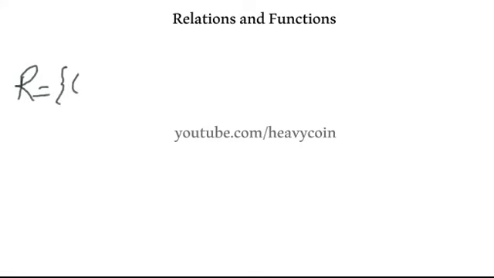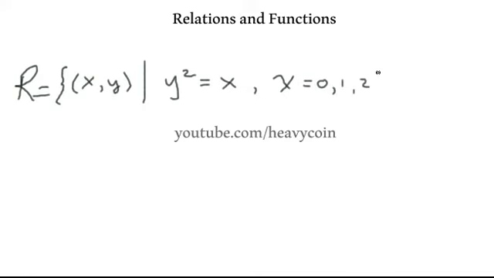So it's the set of ordered pairs such that y squared is equal to x, and our domain is going to be x is equal to 0, 1, and 2. That's going to be the only numbers in our domain. I'm just choosing three things, trying to make it short, but at least get the concept through.